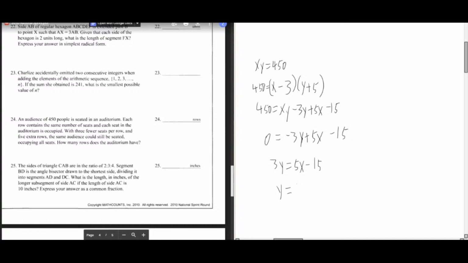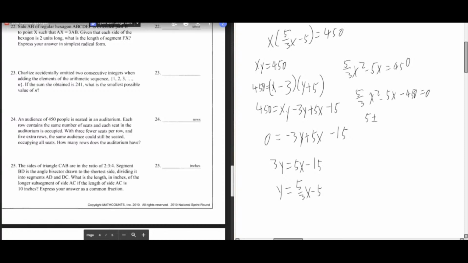Y equals 5 over 3x minus 5, and we can put this back in here. X times (5 over 3x minus 5) equals 450. 5 over 3x squared minus 5x equals 450. 5 over 3x squared minus 5x minus 450 equals 0. Quadratic formula.